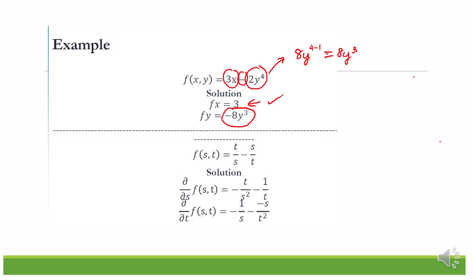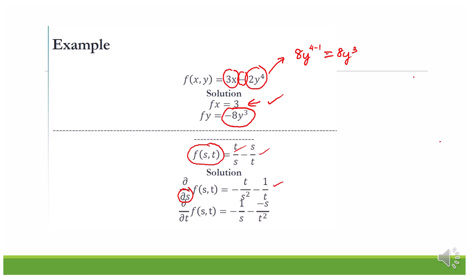Here you can see a function f of s and t. So these are the variables. If you want to differentiate, this is to differentiate with respect to s. So this will be the differentiation with respect to s.